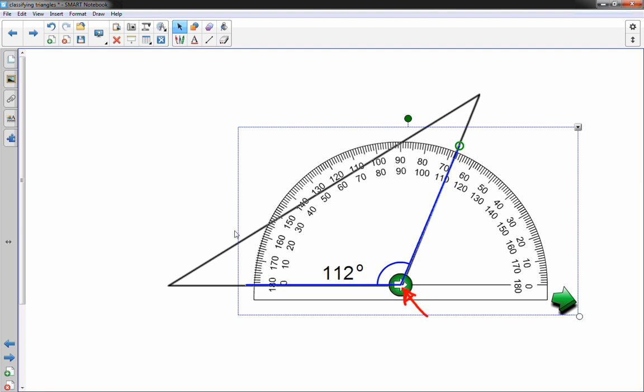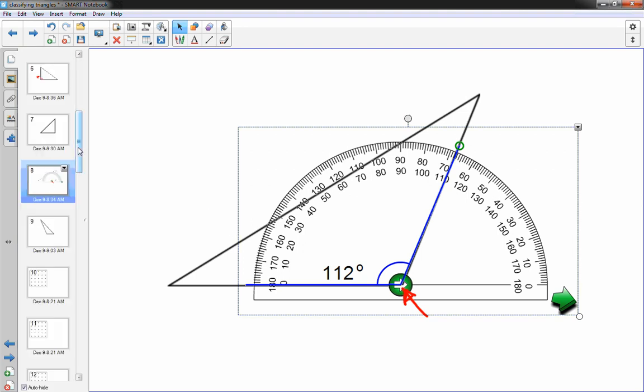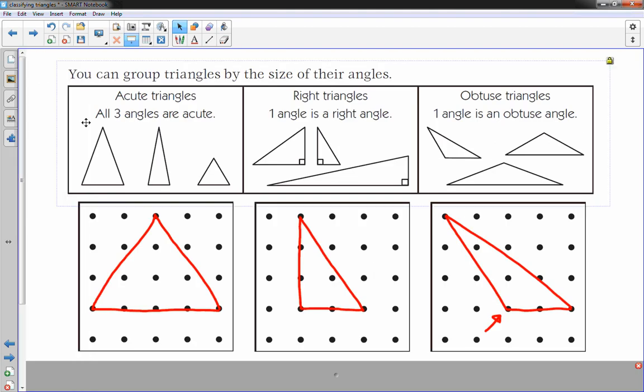So what I'd like you to do, you should have a worksheet that goes with this, where the top of the worksheet has your definitions, kind of like this, and some boxes below. And what I'd like you to do is draw some more examples of acute triangles, right triangles, and obtuse triangles on the front side.